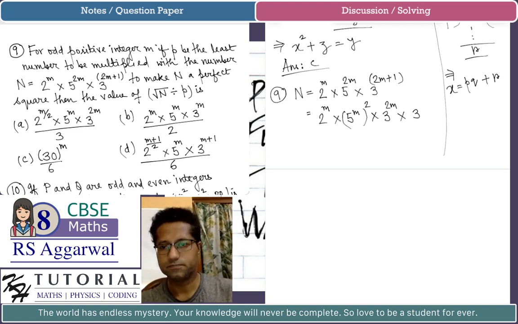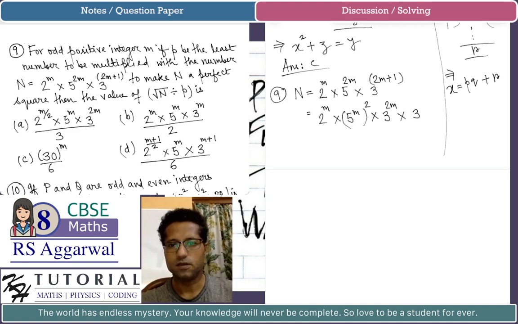Now we have to see in this prime factorization which are the factors which are not part of any pair. So consider 2 to the power m, where m is a positive odd integer.